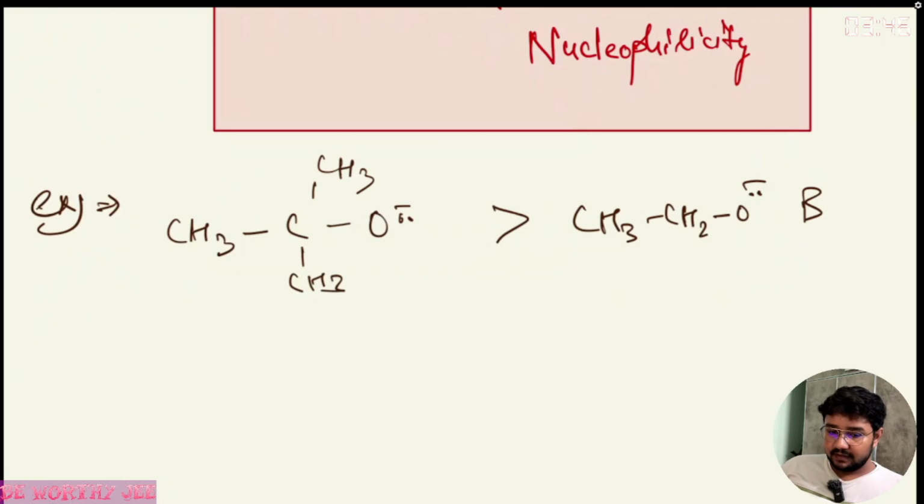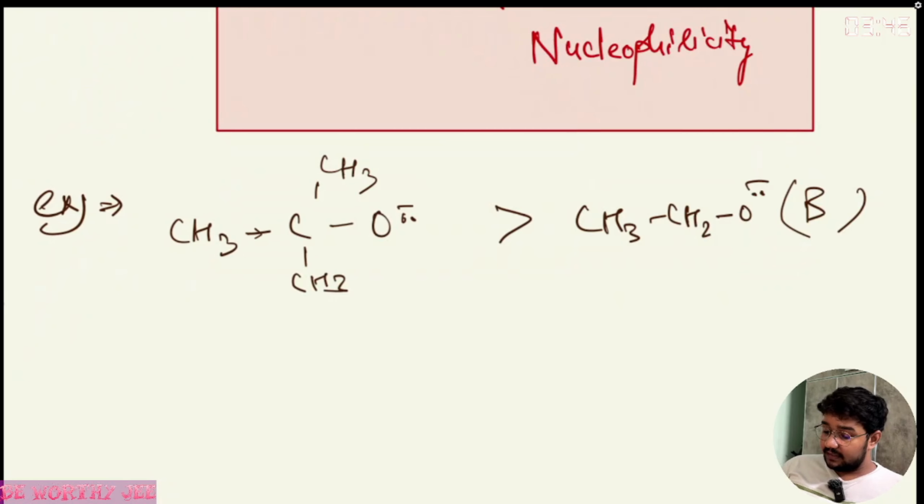Basicity. So the basicity is like this, because the oxygen is not delocalized, and the plus I effect is there. So the electron density is more. Electron density is increasing, so the basicity order is like that, but the nucleophilicity order is reverse, because this is more hindered and this is less hindered.